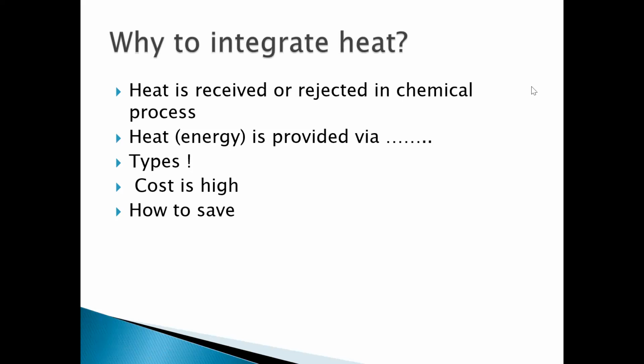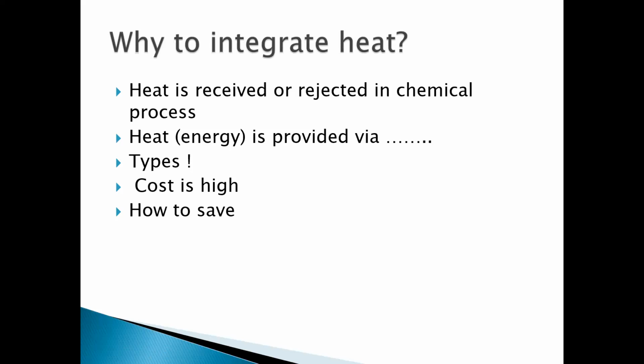First of all, the heat is in the process. Either we have process streams to be heated or cooled, and those process streams need utilities in the plant in order to heat them or cool them.